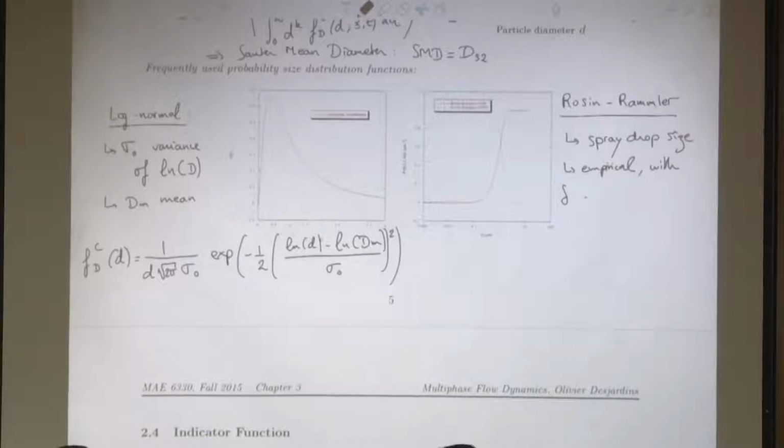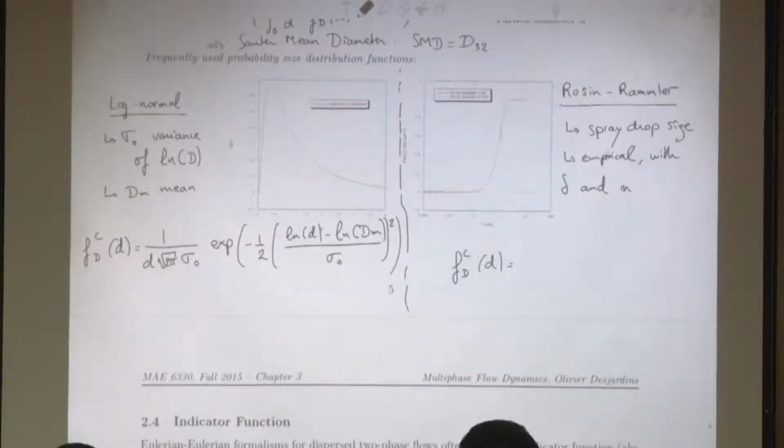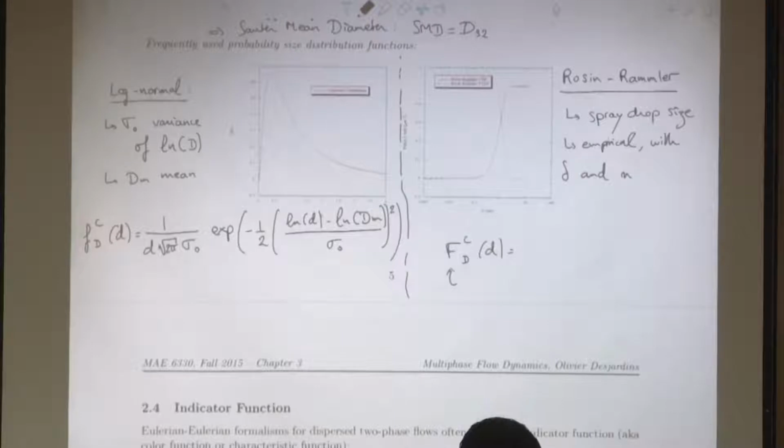With a parameter delta and n, what you do is just, it's usually written not in terms of the PDF. Sorry, I'm going to put an uppercase F. It's going to be the cumulative distribution function, not the probability distribution function. So this is now the CDF, cumulative. So it's the primitive integral of the size PDF.